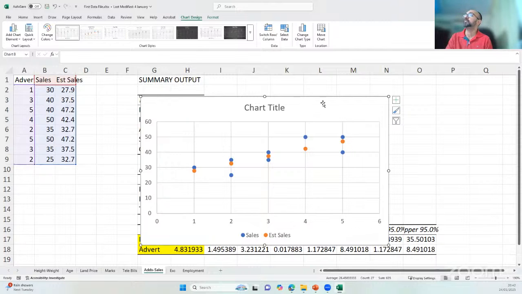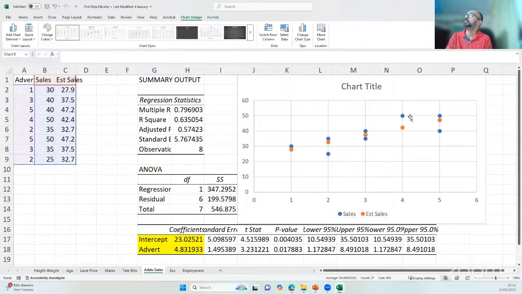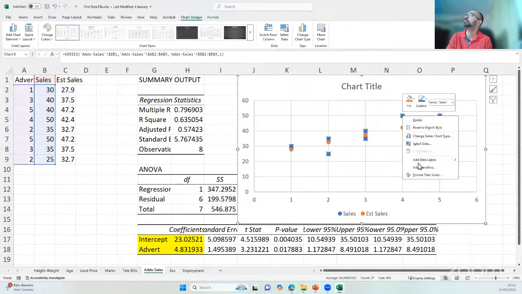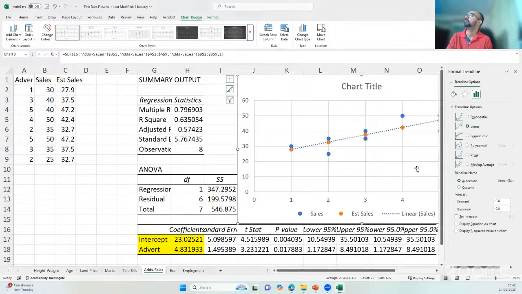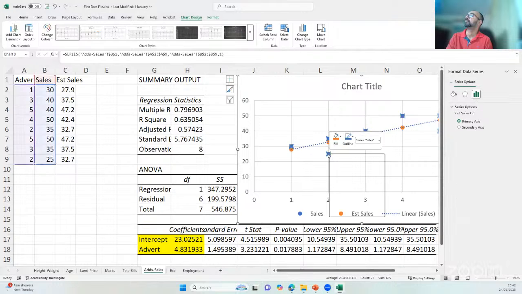Hope you can see it. Right. Now, estimated values, you can see they are on a straight line. Can you see? They are on a straight line. Or you can try to add the trend line if you want. Right.